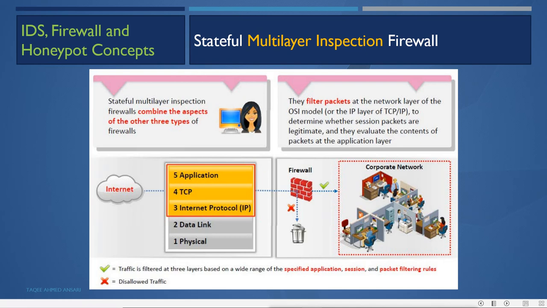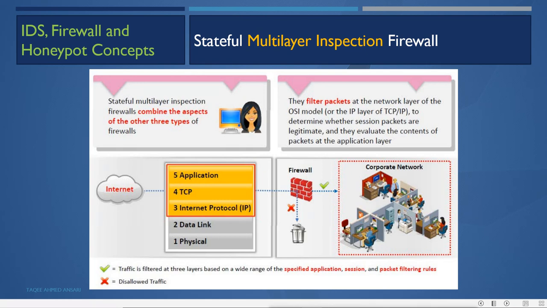Now what does the stateful multi-layer inspection firewall do? It combines the aspects of the other three types of firewalls. It filters packets at the network layer of the OSI model, or the IP layer of TCP/IP, to determine whether session packets are legitimate, and it also evaluates the content of packets at the application layer. So basically it works on all those three layers.